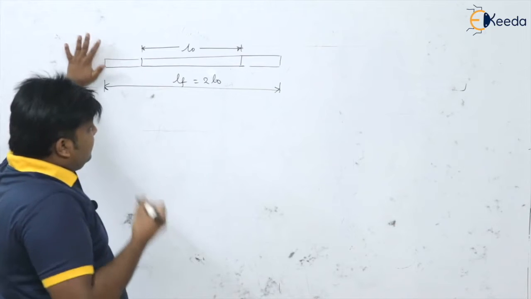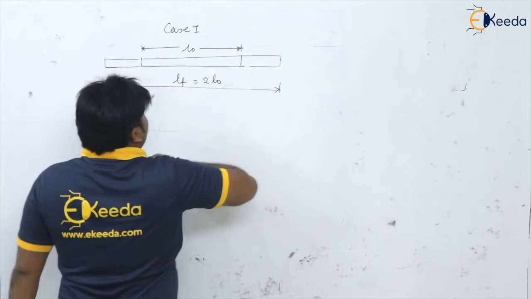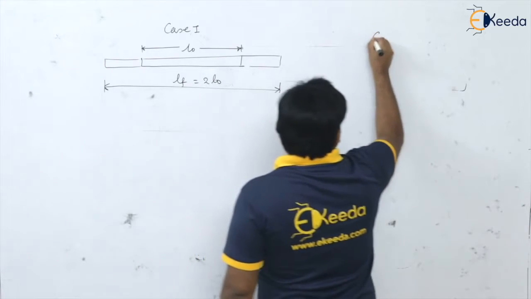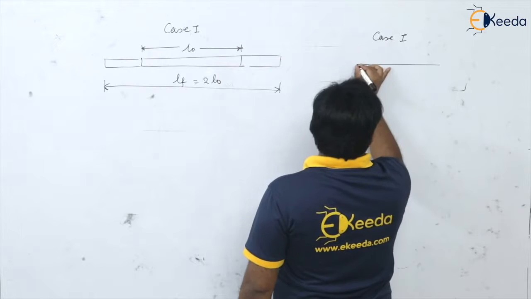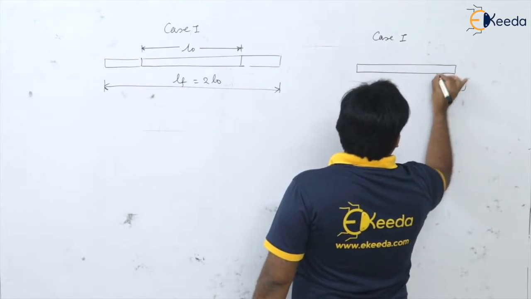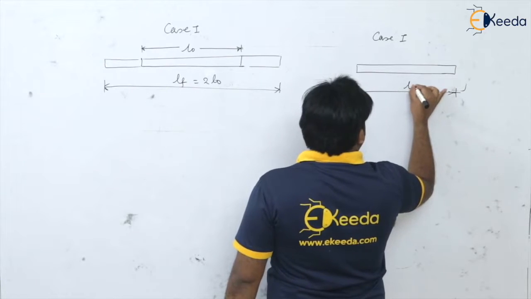So this is case number 1 I am taking, and case number 2, the same rod or same specimen I am going to compress to half of its original length. So this is the L original.